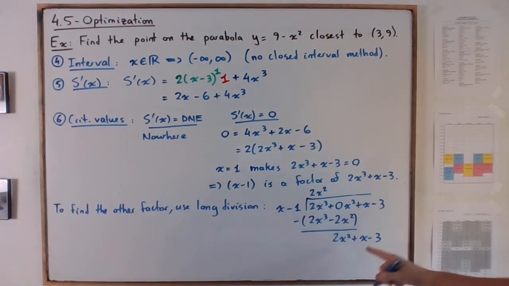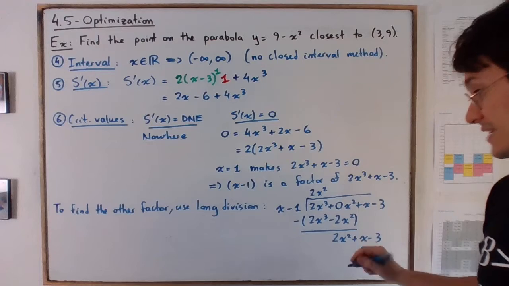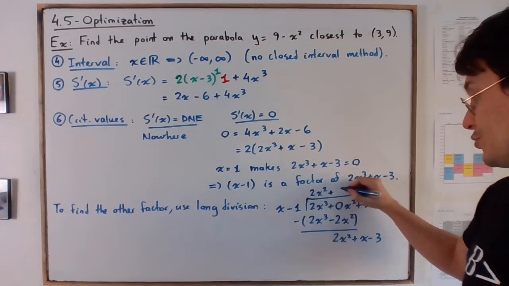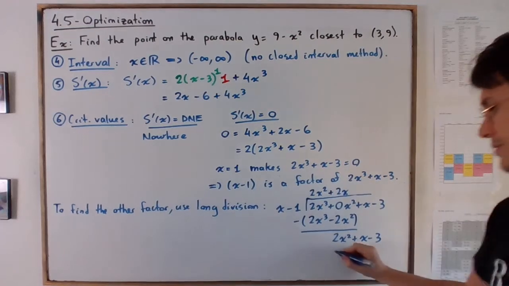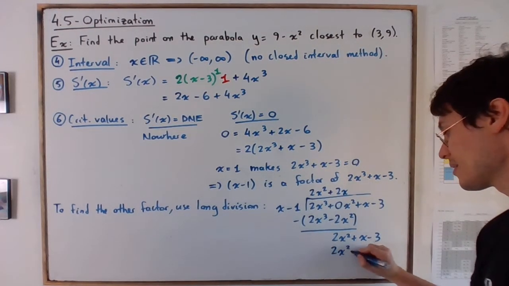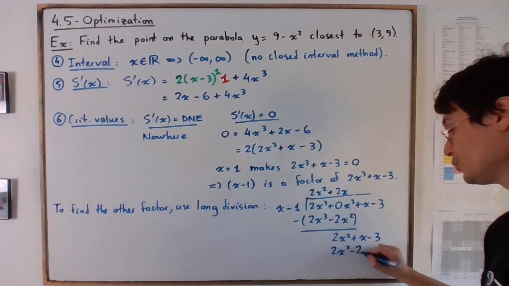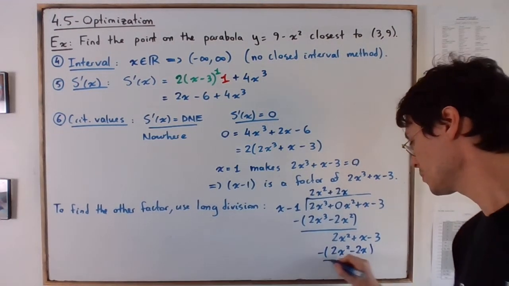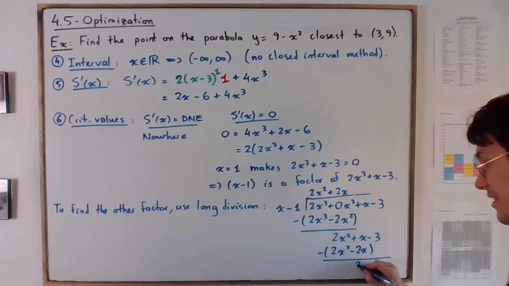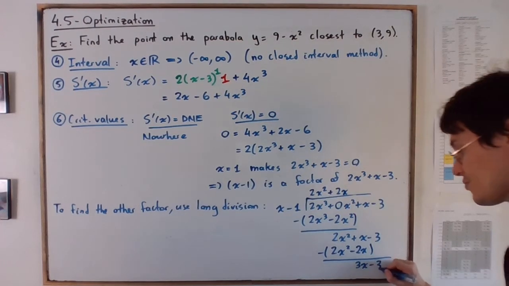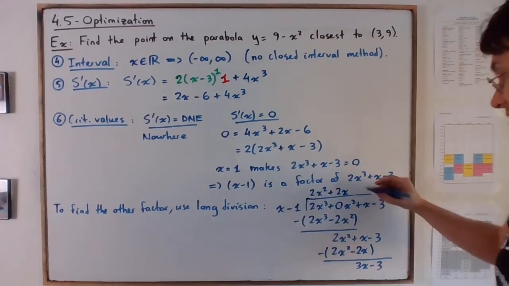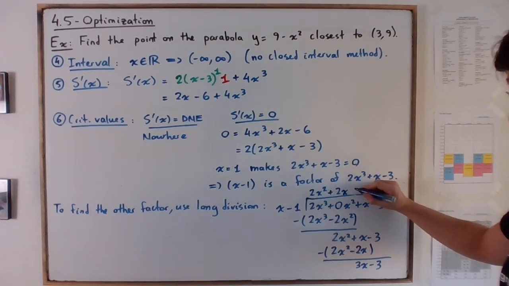Now let's push on with the division. So 2x squared divided by x will give us 2x. So we have 2x squared minus 2x. That's it. So we have finally 3x minus 3. And finally, this divided by this is going to give us positive 3.